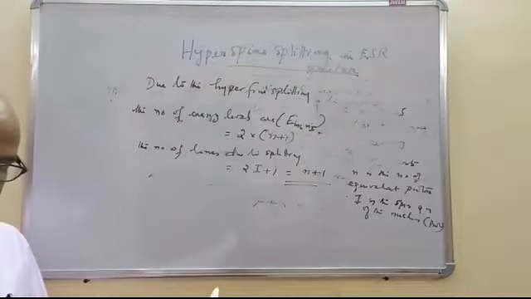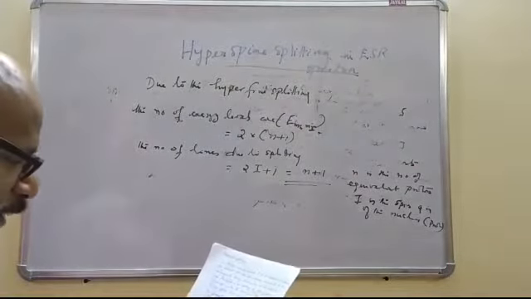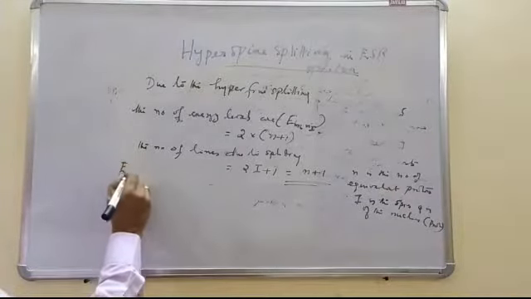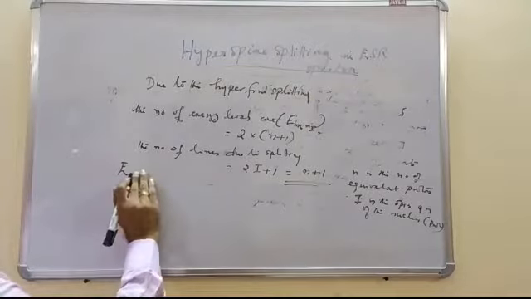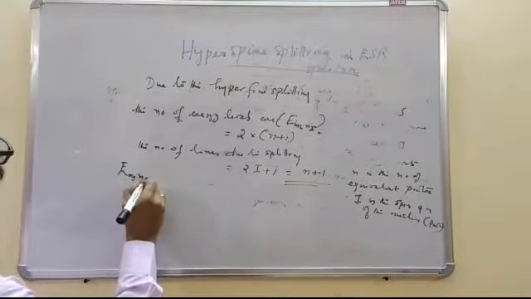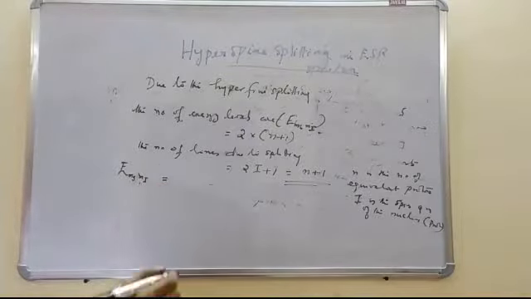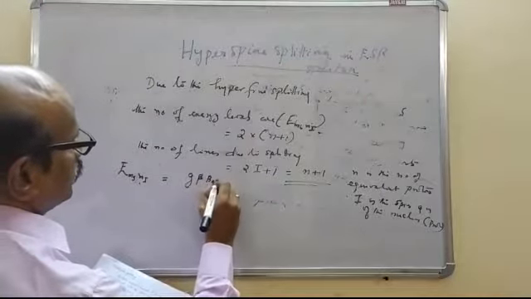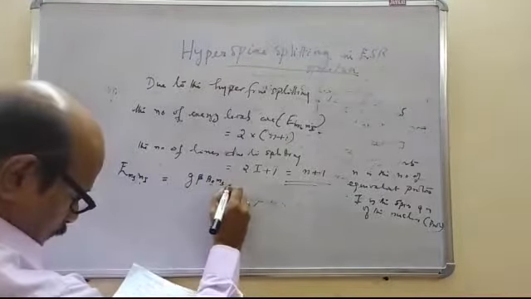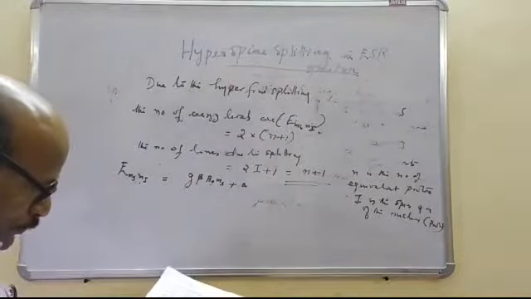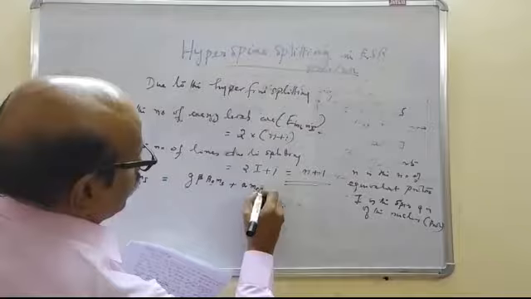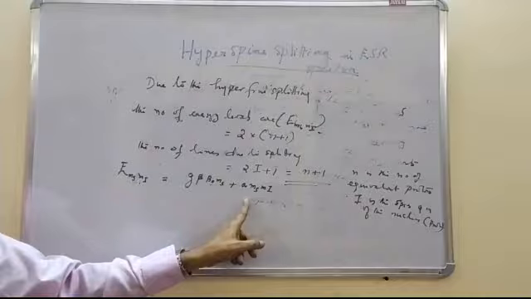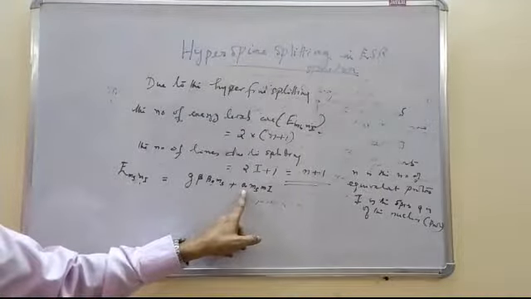The energy level of the components Ms, Mi is given mathematically by E(Ms, Mi) equal to g beta B0 Ms plus A into Ms into Mi. This is the theoretical expression, where A is called the hyperfine splitting constant.